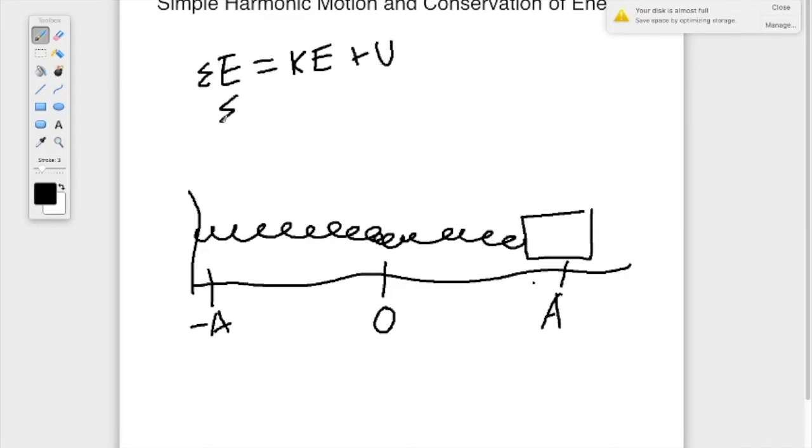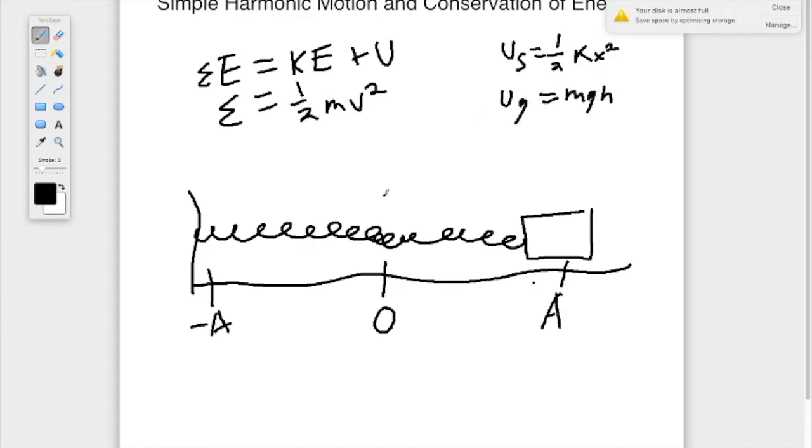The kinetic energy is just 1/2 mv squared. But there are two types of potential energy that we have covered. There's the elastic potential energy, which is 1/2 kx squared, and then there's gravitational potential energy, which is mgh.